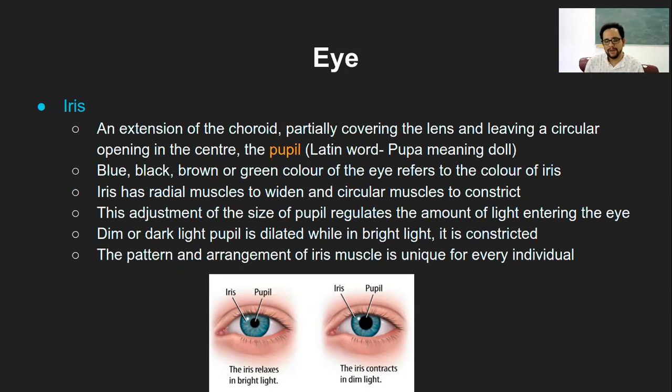So that is very specific to an individual, and that is why this iris is one of the unique characteristics for an individual. Like we have fingerprints, similarly we have the iris arrangement of the muscles. So that is what it is all about iris.